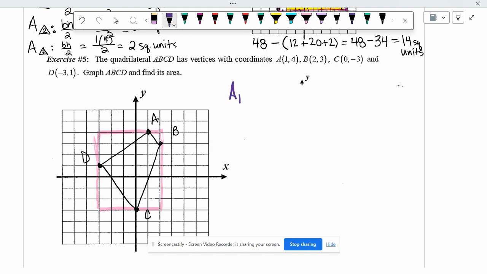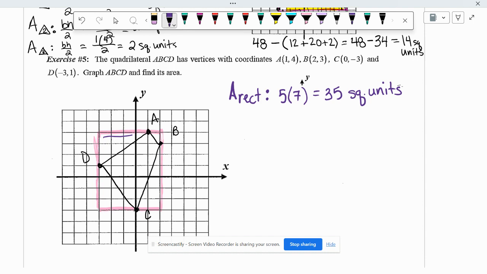So let's figure out the area of the rectangle first. 1, 2, 3, 4, 5 times 1, 2, 3, 4, 5, 6, 7. So length times width. 5 times 7 is 35 square units.